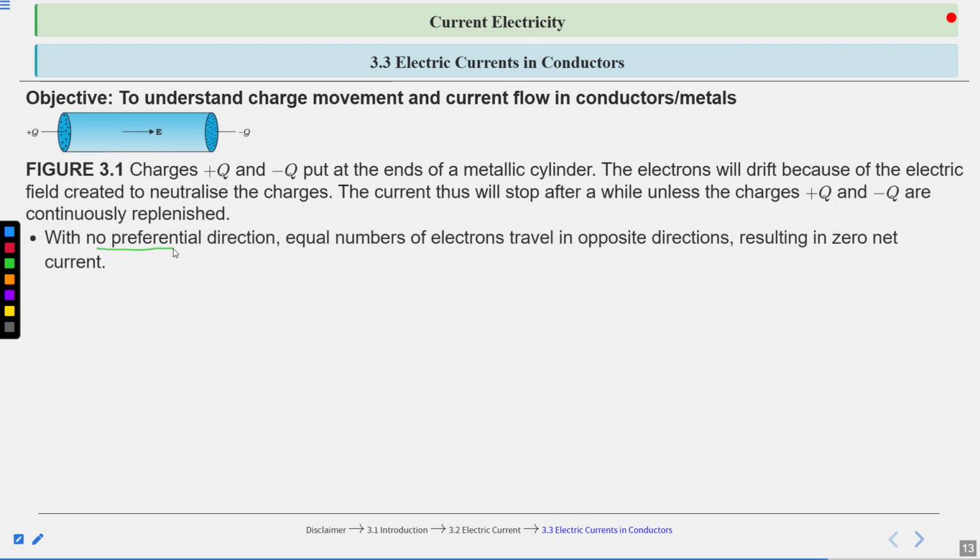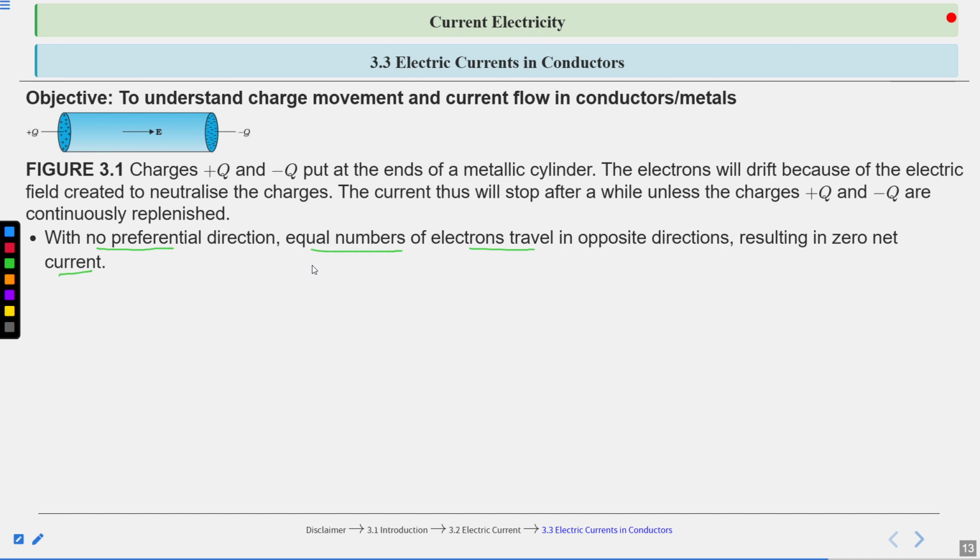With no preferential direction, an equal number of electrons travel in opposite directions, resulting in zero net current. When there is no external electric field present, an equal number of electrons travel in opposite directions. If n electrons are moving in the forward direction, then the same n electrons are moving in the backward direction, because their movement is random.